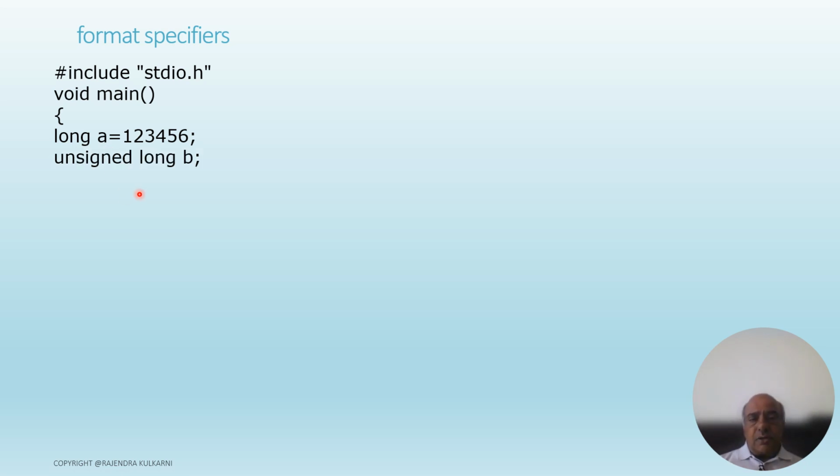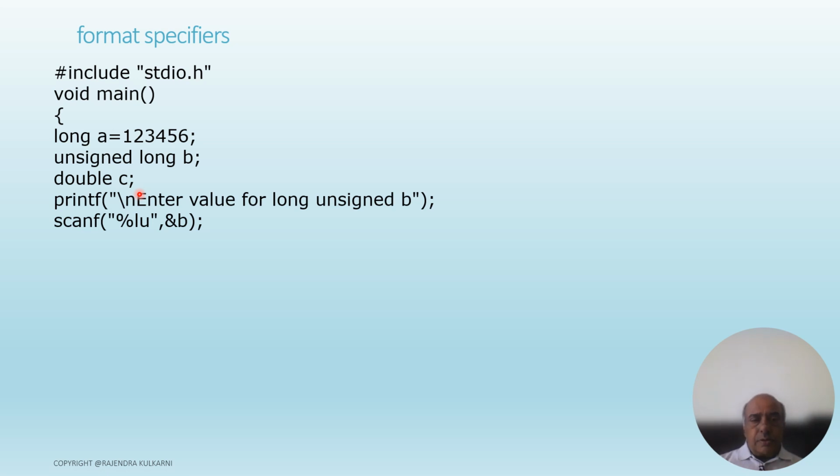Then unsigned long B. double C. C is a variable of type double. Then there is a statement, enter value for long unsigned B. Now this value we are entering from the keyboard.